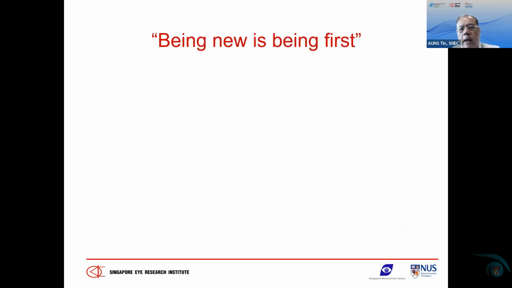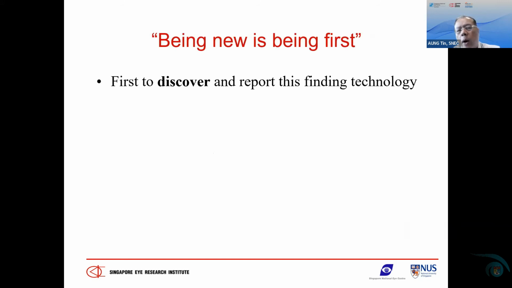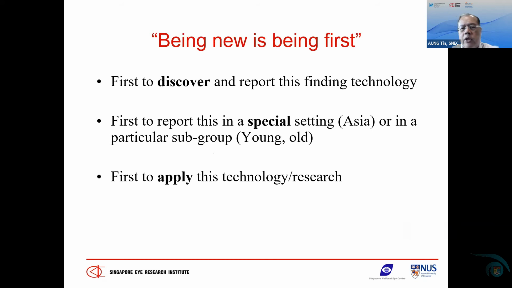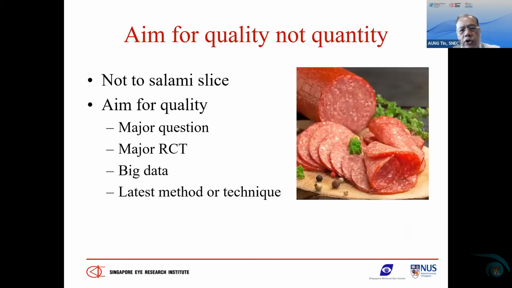And I already explained to you why papers are accepted. Remember, something new is important, something in a new special setting or with new technologies. And I always give advice to some of my juniors: don't go for quantity, go for quality. There's something called salami slicing. Sometimes they do one study and divide it into 4 papers, and they try to divide the different aspects of it.